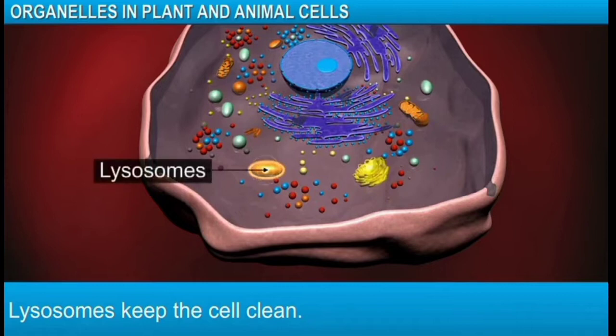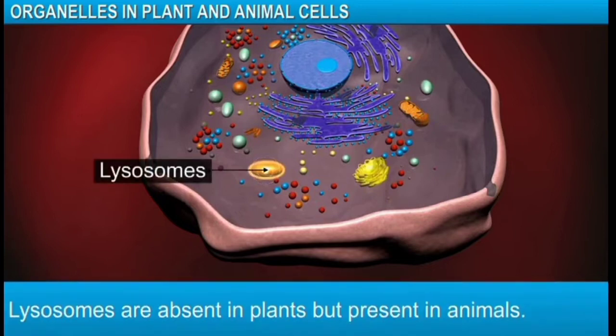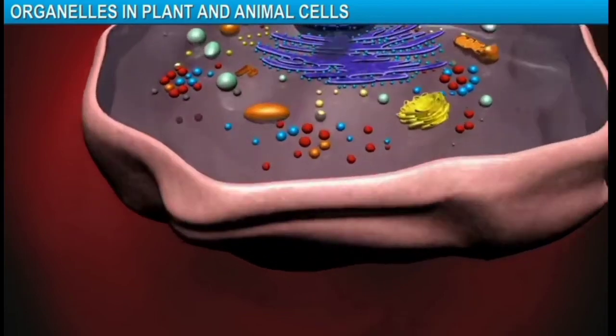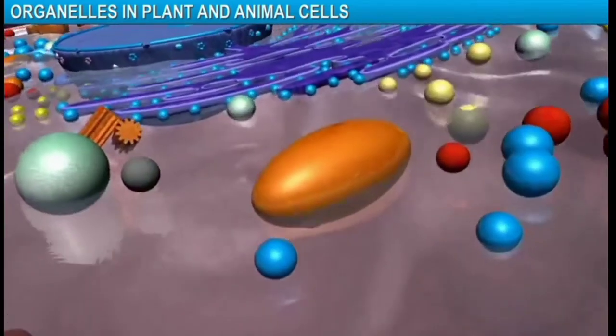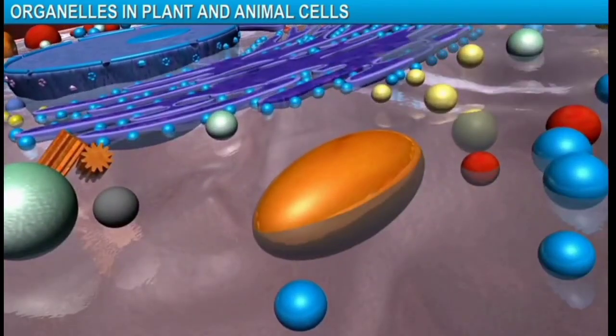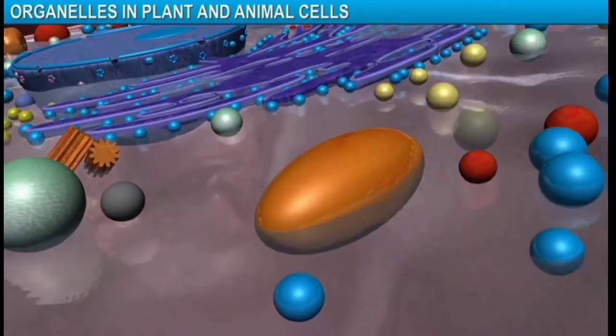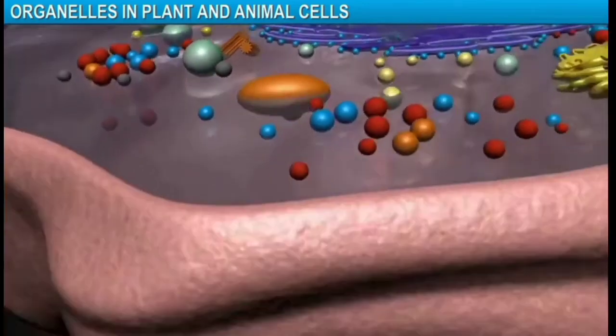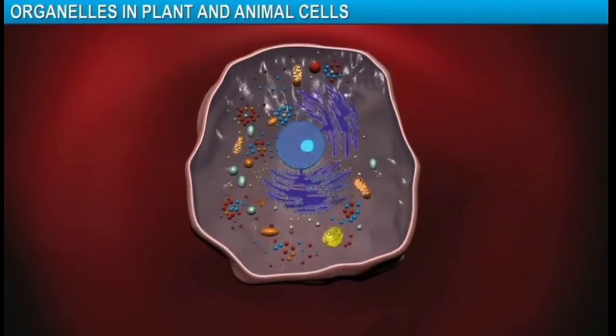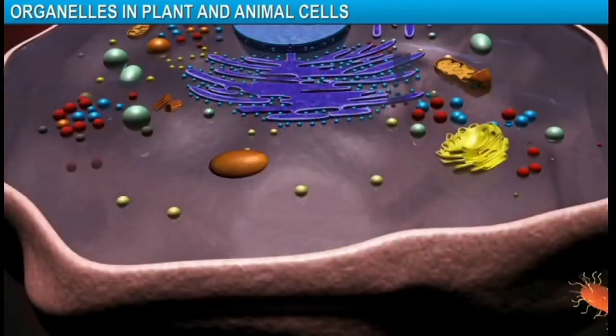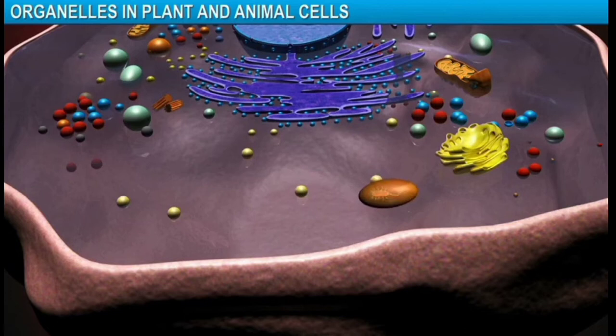These are lysosomes that keep the cell clean. They are usually absent in plants but present in animals. They contain 40 different types of digestive enzymes. These enzymes destroy injured old organelles and foreign substances like bacteria and leave the destroyed contents outside the cell.